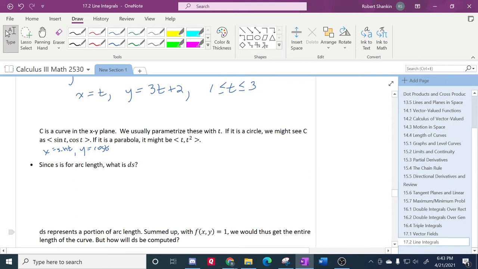We split it up into little tiny pieces, and they become infinitely small. We get infinitely many of them. Summed up, and we've gone over this before, with f of x, y equal 1, we would get the entire length of the curve. But how will ds be computed?